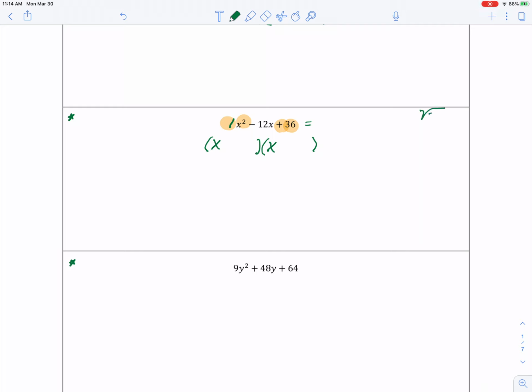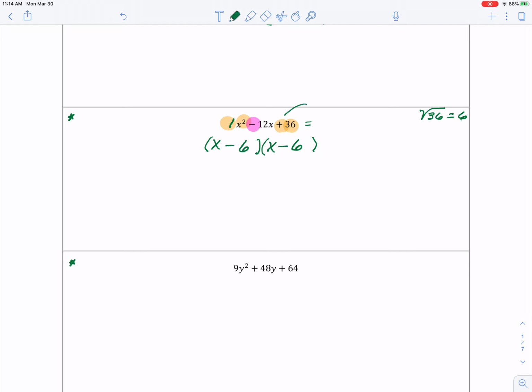Mentally take the square root of positive 36. Put that in each of the 2 second positions, and then take a look at the middle sign, and since that's a negative on that 12, I'm going to go in and make both of these negative.